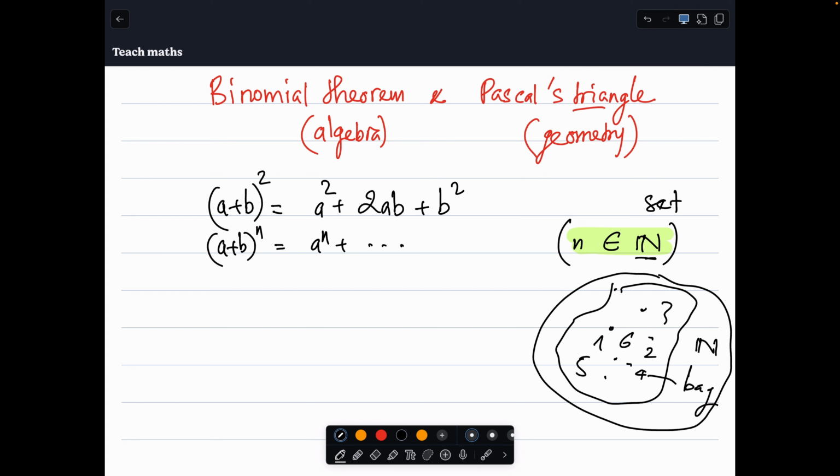But for the moment you just think there is a huge bag, and you label it n, and then in that bag you put the natural numbers. And when you want to say that n is one member of this bag, this is right. Okay, that's it.